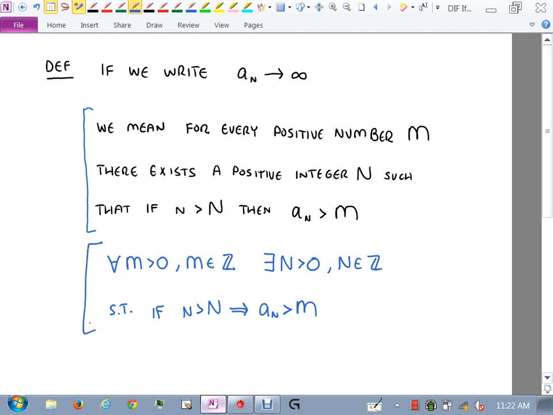All right, so an upside down capital A means for every. For every positive M, where M is an integer, actually, you know what, scratch this integer. M doesn't have to be an integer. Scratch that.